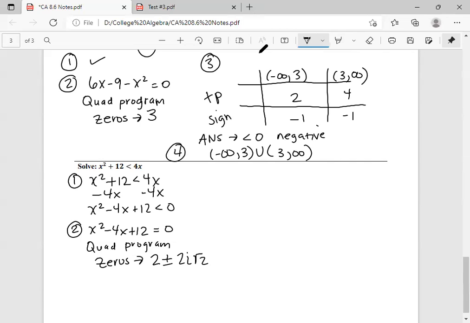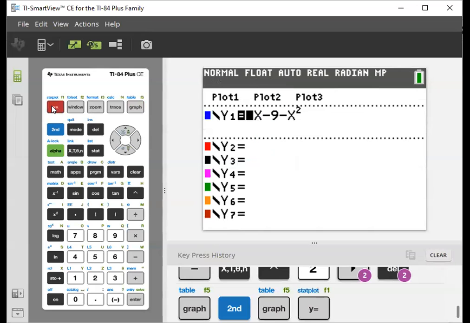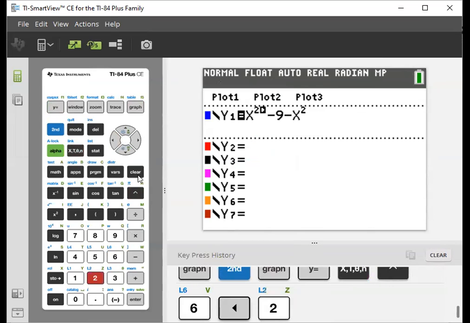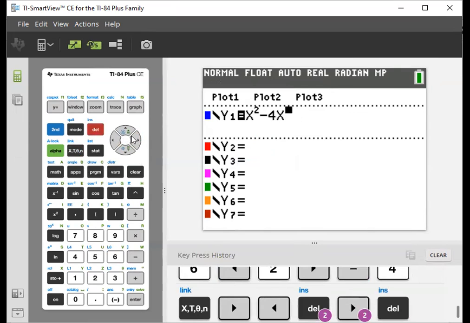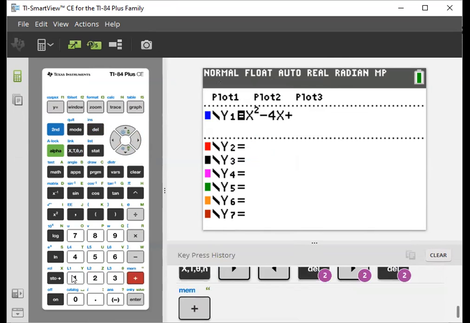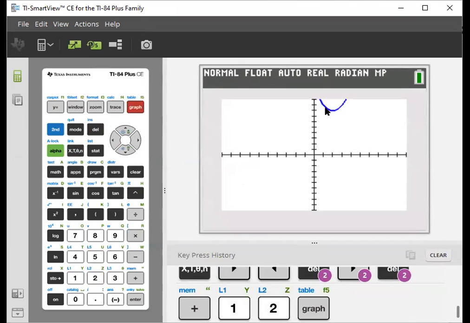Let's just look at it real quick. If we go and graph this, y equals x squared minus 4x plus 12, and we hit graph, you can see that little part at the top.